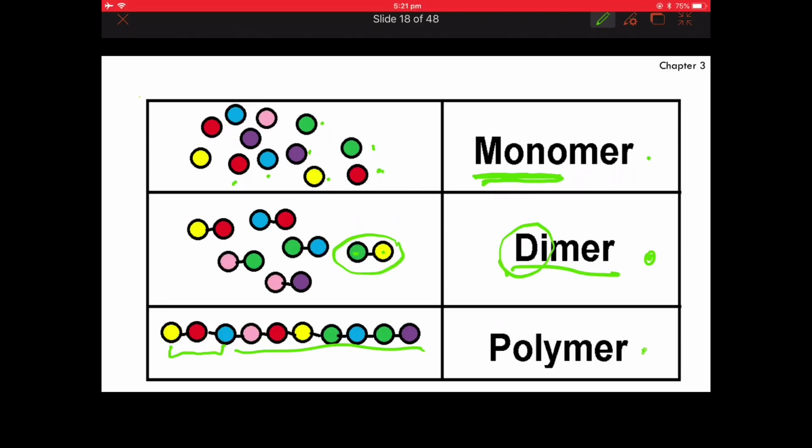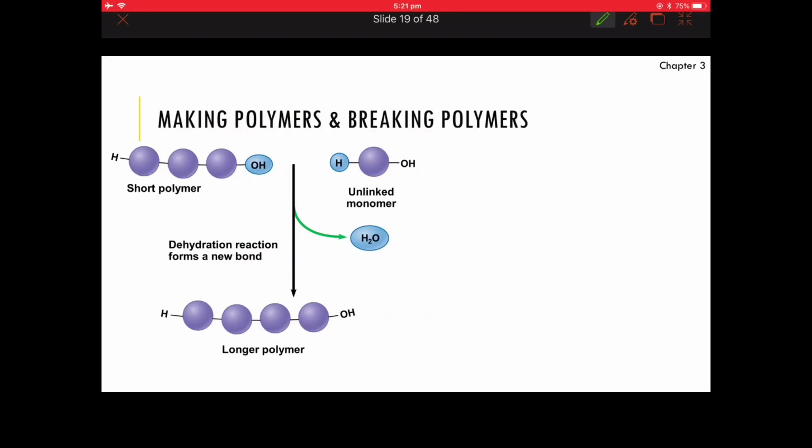And this is so important for you to know, because we'll come back to this again. Now when we're making polymers or breaking polymers, two kinds of reactions occur. لما نصنع البوليمرز ولا نفككهم يكون عندنا نوعين من الرياكشنز أو من التفاعلات. This image shows you how a polymer is being extended.